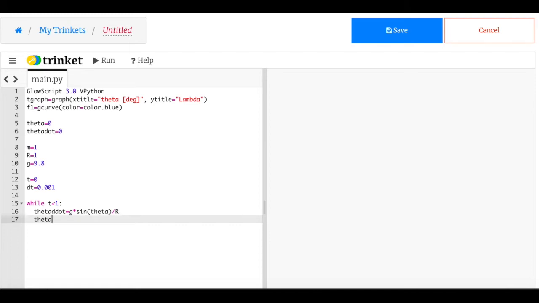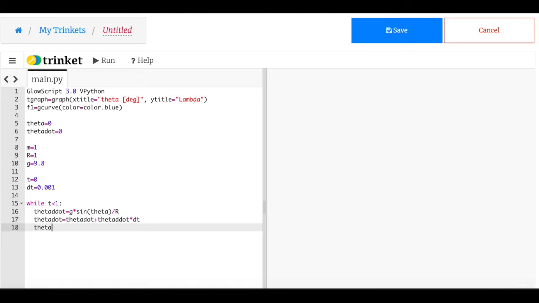So I'm going to say theta dot equals theta dot plus theta double dot, dd dot, times dt. So again, in Python, this is not an algebraic equal sign. This is a make-equal-to sign. So it says take the old theta dot, add theta double dot times dt to it, and then make that the new theta dot.